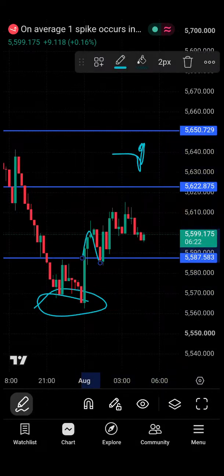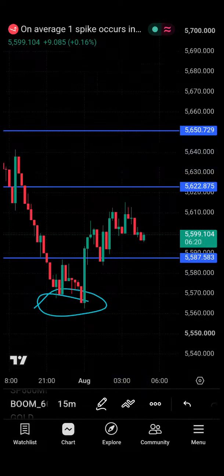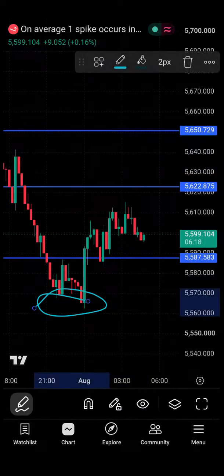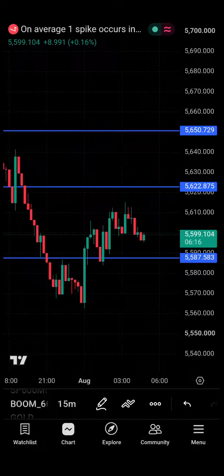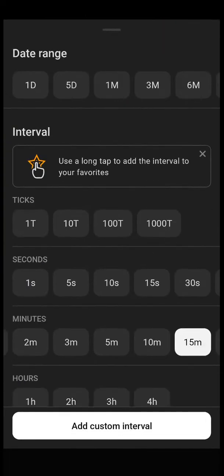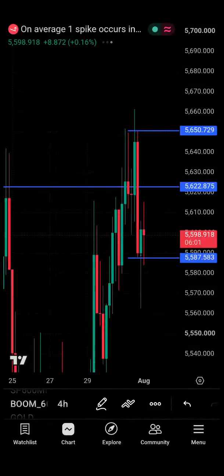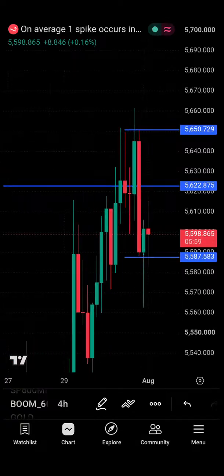It's showing us that we can buy. It confirms, it goes with what the 4-hour time frame is showing us. This 15-minute time frame is agreeing with what the 4-hour is showing us. Okay.